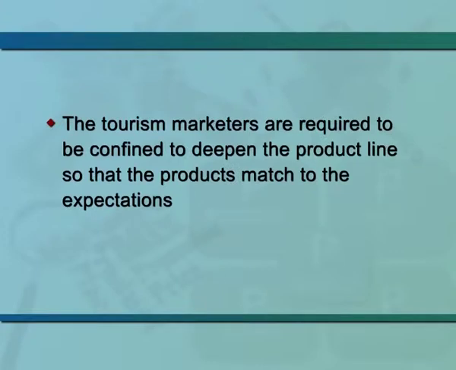The tourism marketers are required to deepen the product line so that the products match the expectations. The extent to which the marketers are found successful in deepening and innovating the product line have a telling impact on the net gain or satisfaction of the consumers.